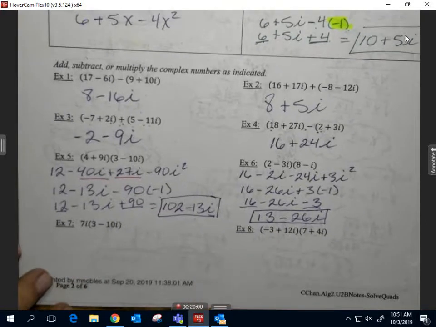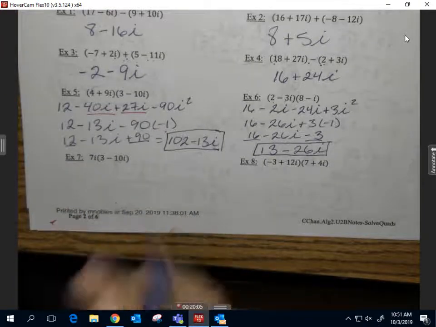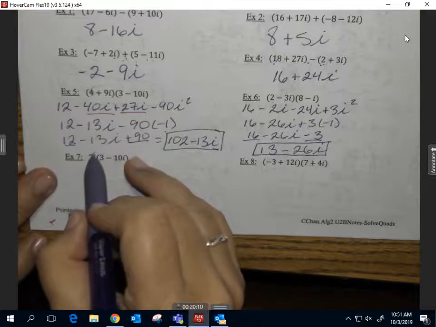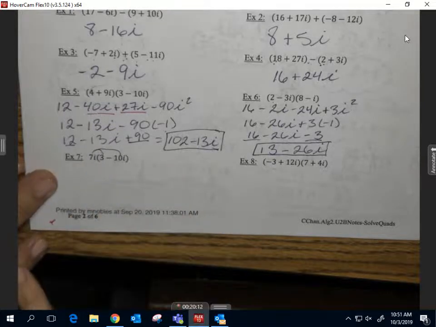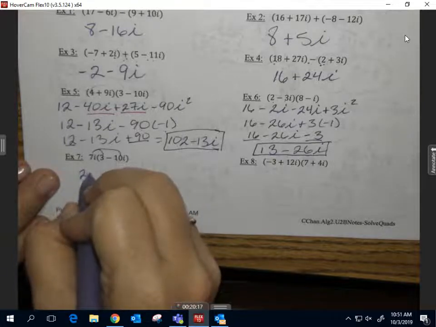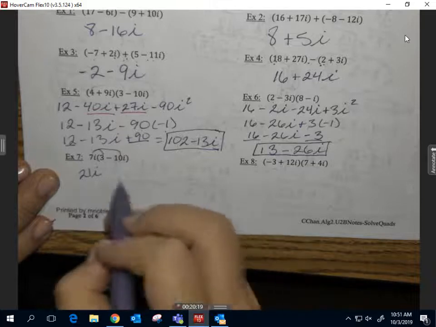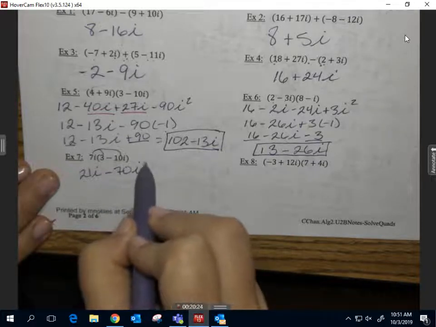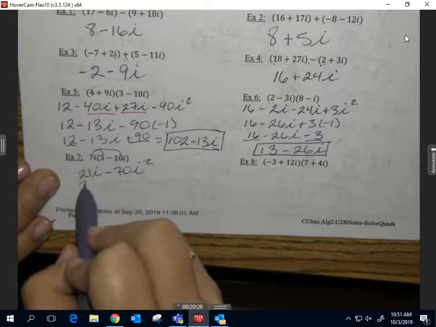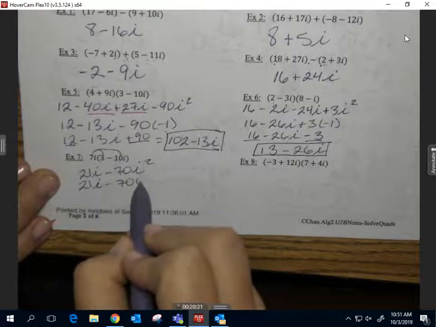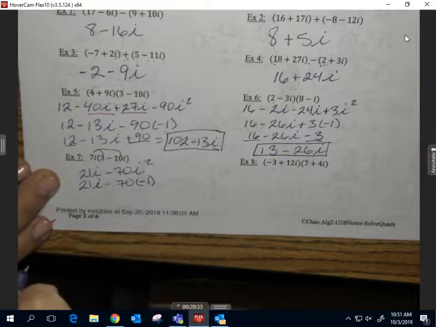All right, what are we doing on number 7? Ooh, remote. Just distributive property. We're distributing that 7i to these two terms inside the parentheses. So, 7i times 3 is 21i. Right? Yeah? And then minus 70i squared. So we have 21i, and I'm going to replace that i squared with negative 1.